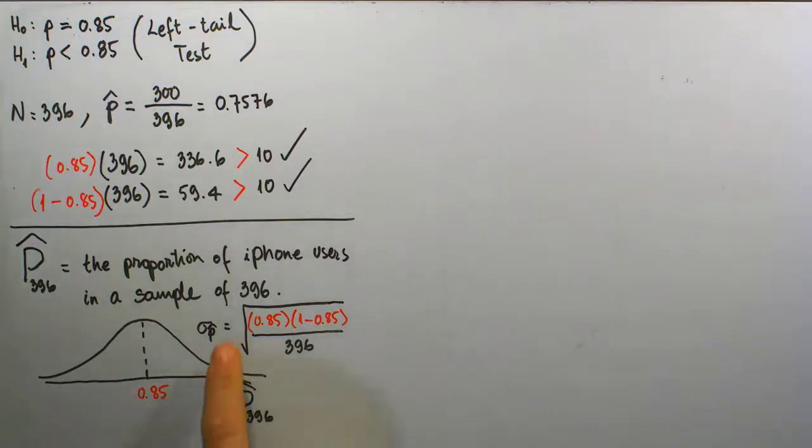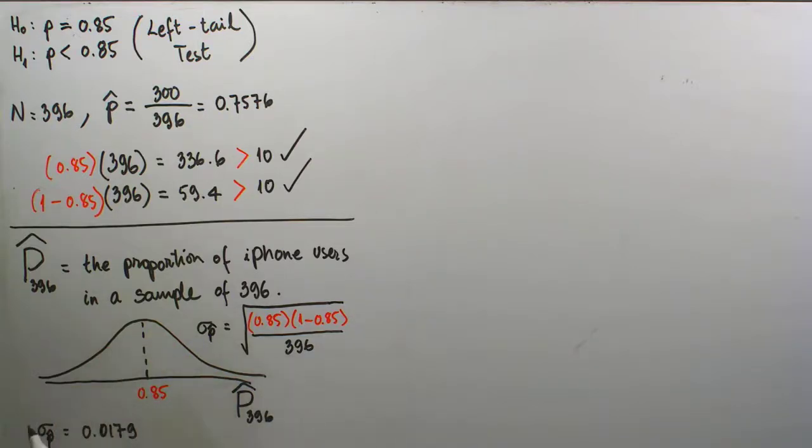My calculation showed that this sigma p hat will come out being 0.0179. I use 4 decimal places in a lot of these sigma p hat values. However, make sure you watch for the rounding requirements for any of the sigma p hat values in each one of your problems. So this calculation again comes out being 0.0179, and that's our average spread on this bell curve.